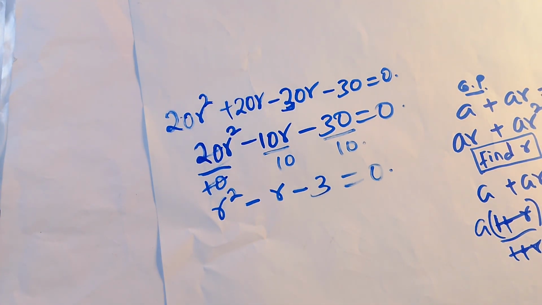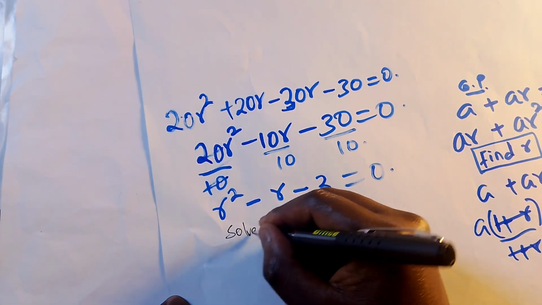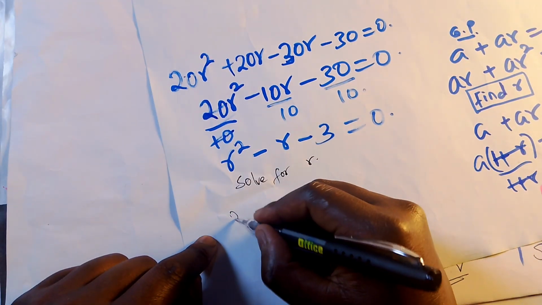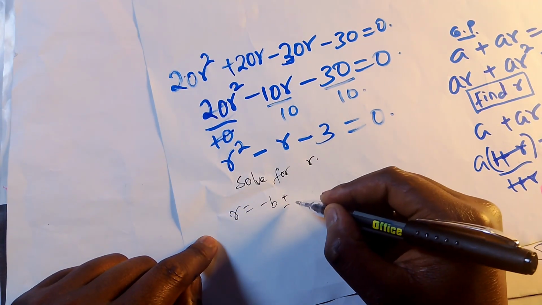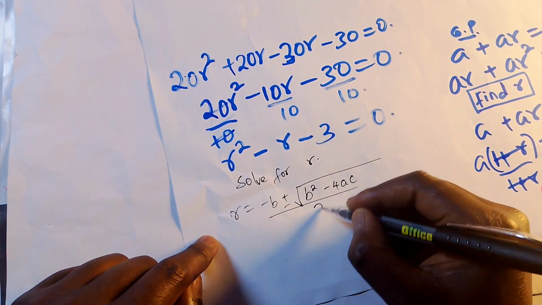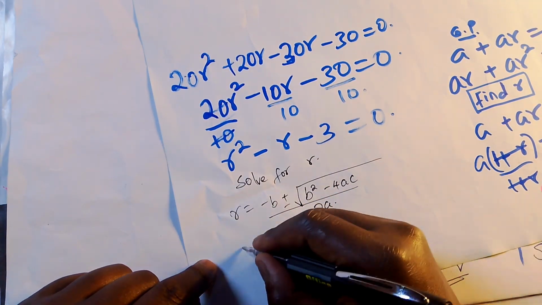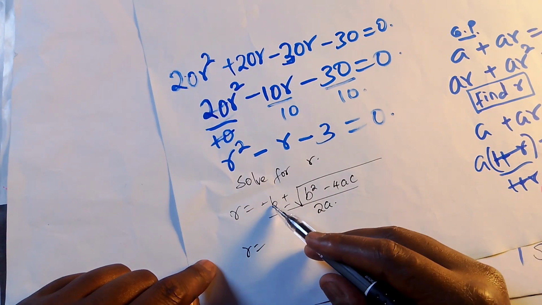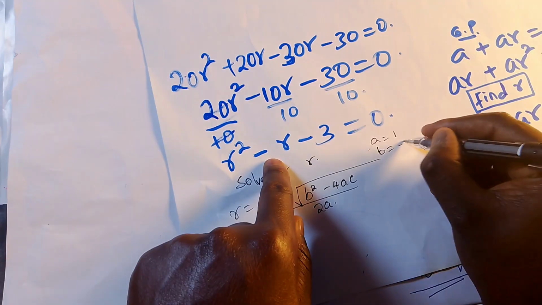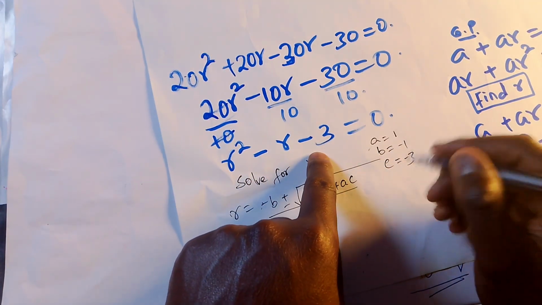Now let us solve for r. We said that r is equal to minus b plus or minus the square root of b squared minus 4ac, over 2a. Our a is 1, our b is -1, and our c is -3.